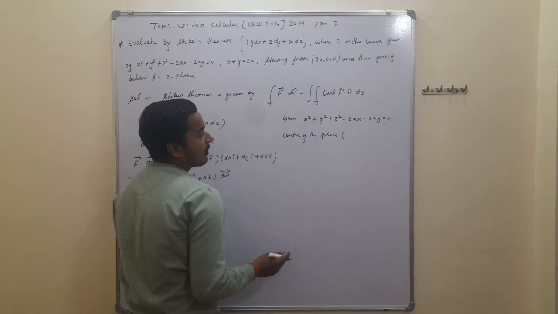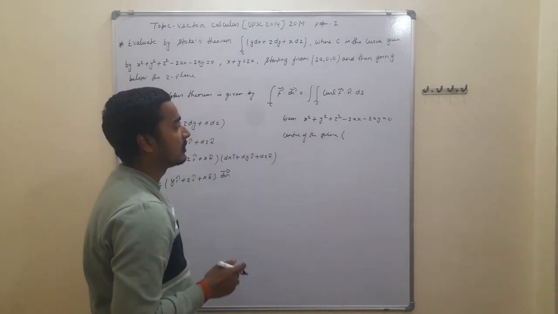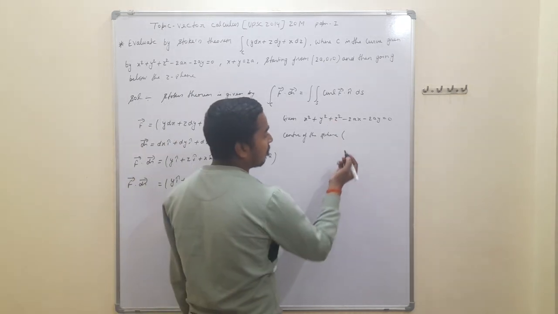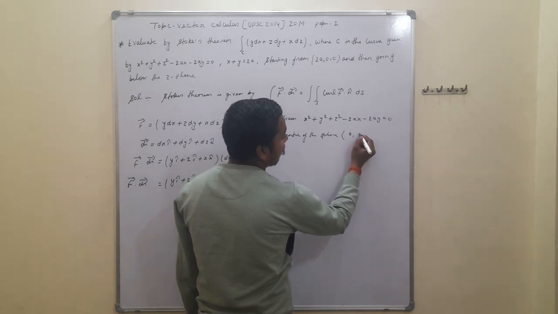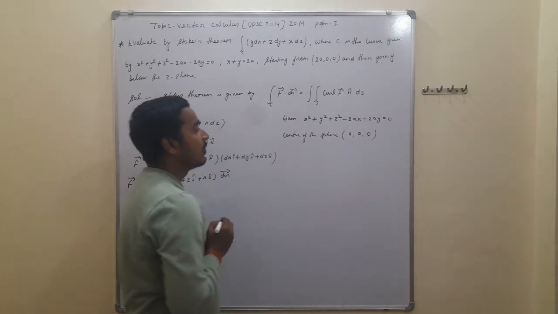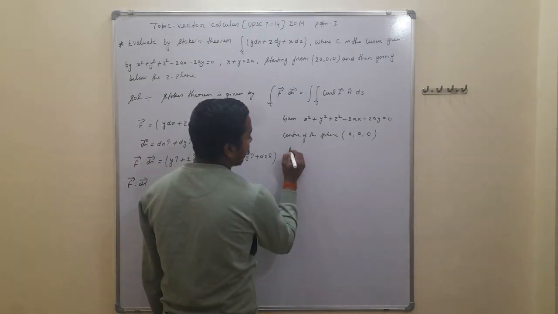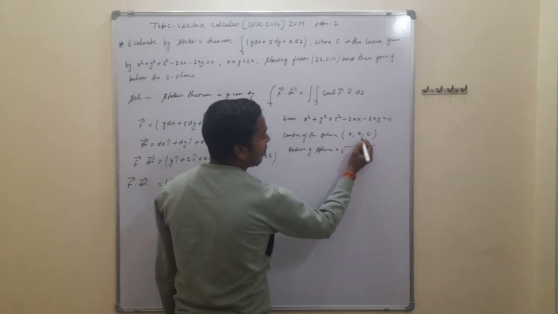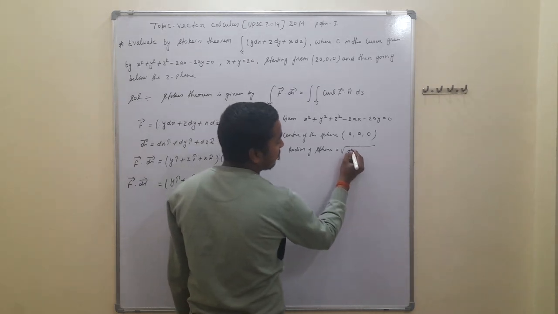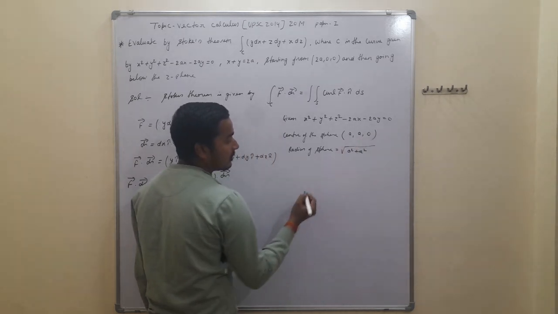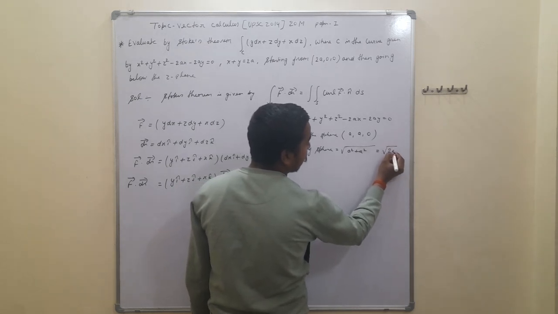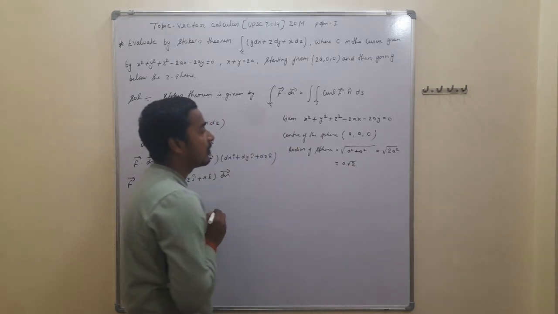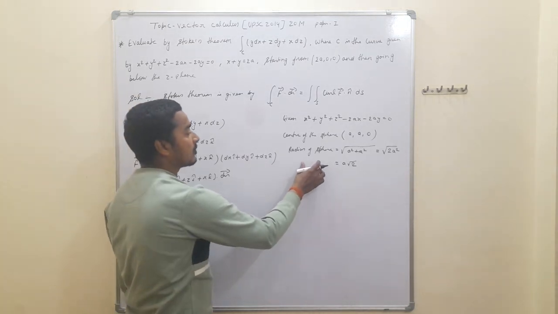On comparing with the general equation of a sphere, x² + y² + z² + 2ux + 2vy + 2wz + d = 0, we get the center (a, a, 0). Now we find the radius of the sphere, which is the square root of a² + a² + 0², that is the square root of 2a², so the radius is a√2.